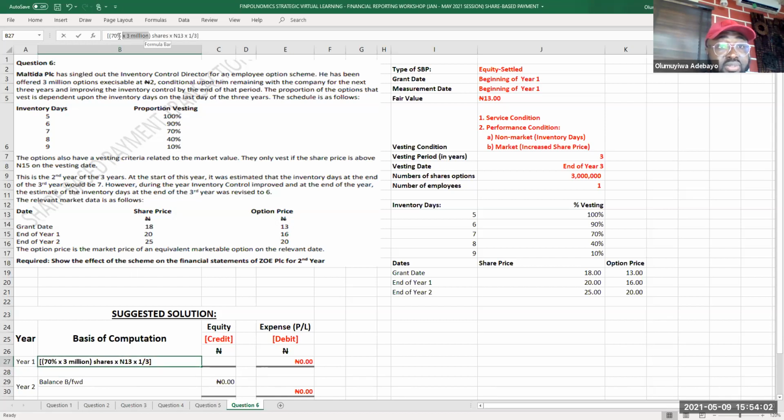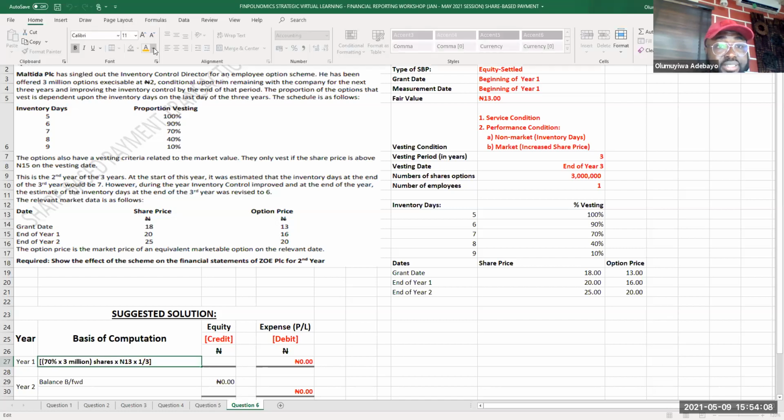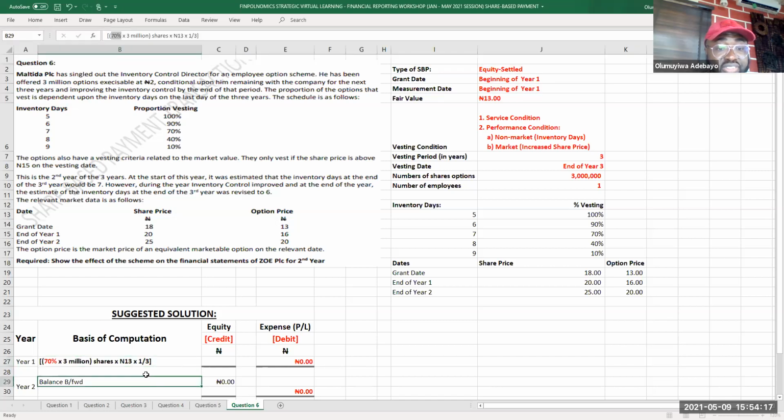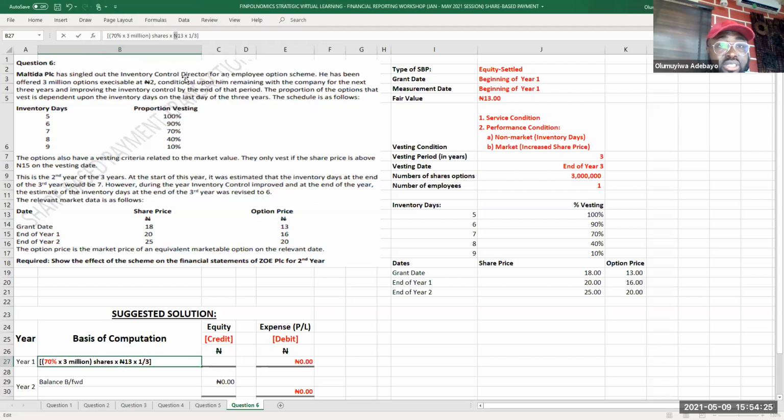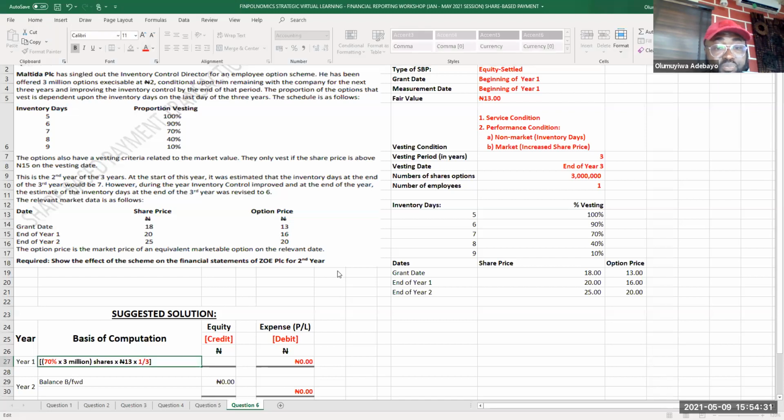Therefore, what is key here is the 70%, and this 70% was obtained on the basis of the number of inventory days. Also, I'm apportioning it: first year out of the 3 years has now been recognized.